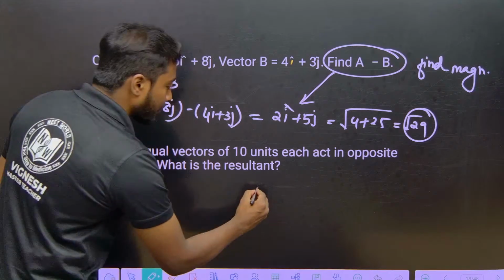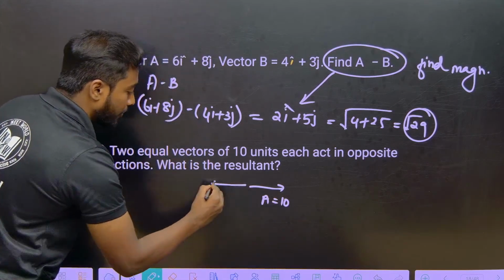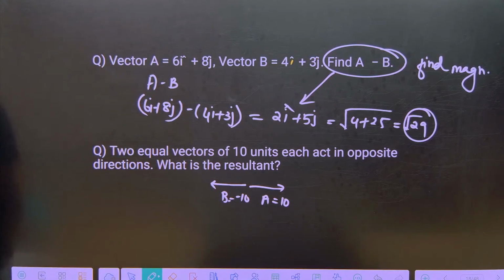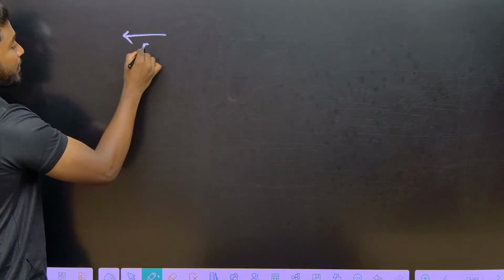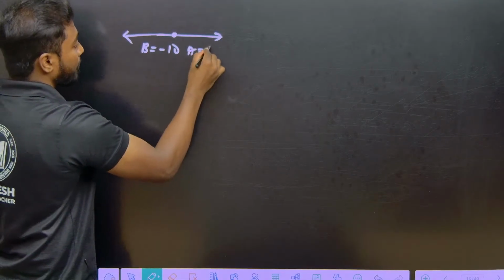So one is A is equals to plus 10, B is equals to minus 10. What is the answer? 0. Okay. So this is my B minus 10, this is my A plus 10.